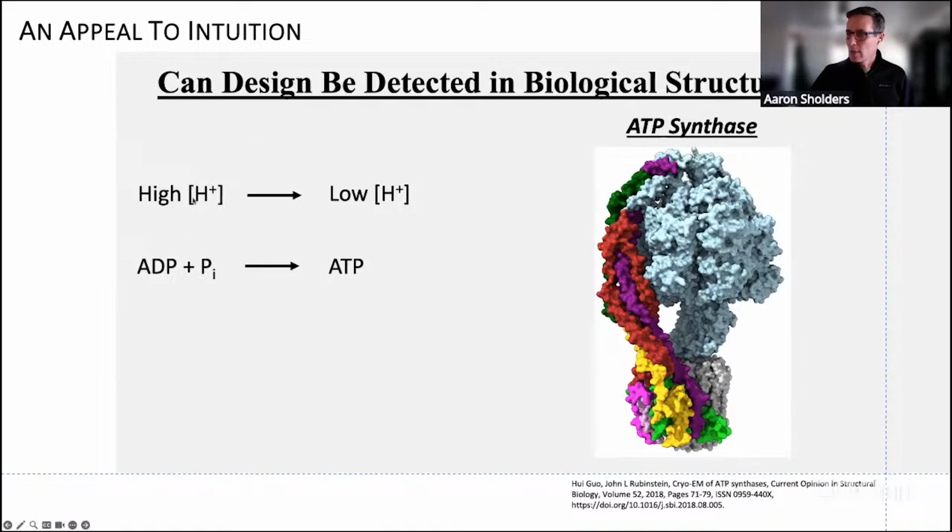This is a proton, or let's call it a hydrogen cation or hydrogen ion. This protein allows for the movement of hydrogen ions from a high concentration to a low concentration to make ATP. You need energy to make ATP, and this provides that energy. And you think, no, I don't know what you're talking about.